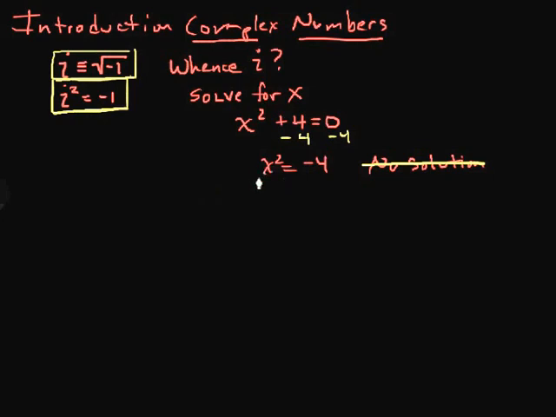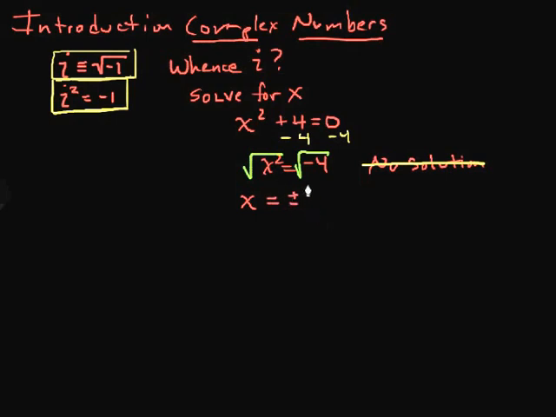Let's take the square root of both sides. There's a lot of different ways we're going to be simplifying square roots. But if we take the square root of x squared, we are left with x. And on the other side, whenever we take the square root of something, there's the positive square root and there's the negative square root.